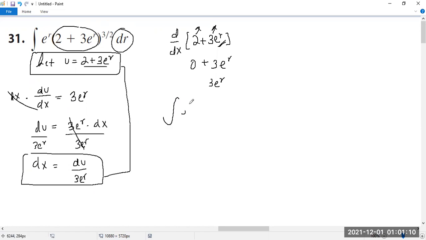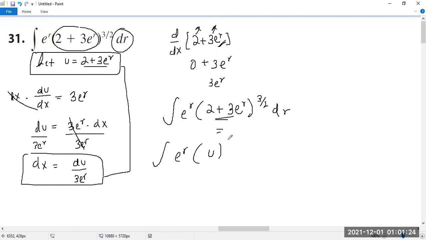So we have the integral of e to the r times 2 plus 3 e to the r to the 3 over 2 dr, which essentially becomes, so we replace this with a u. This is still here, e to the r. We replace this with a u. And then dr, this should have been an r, right?